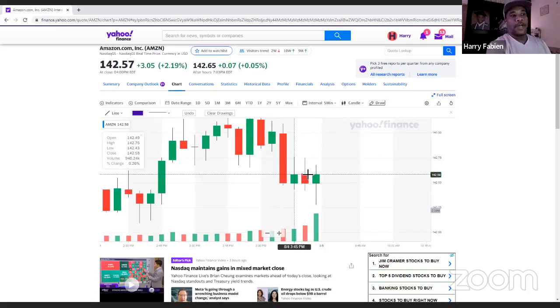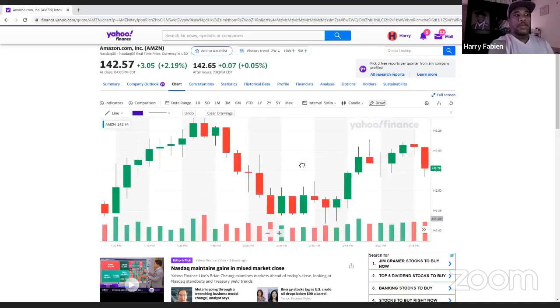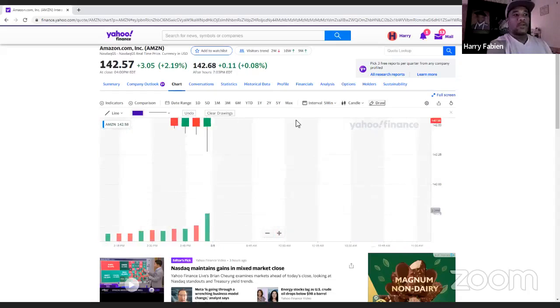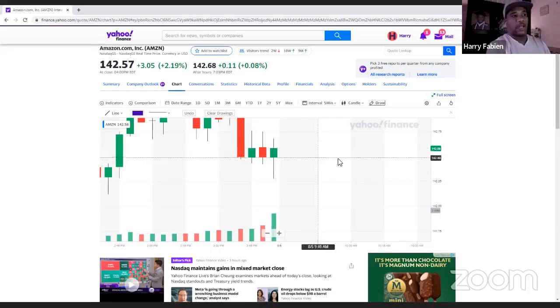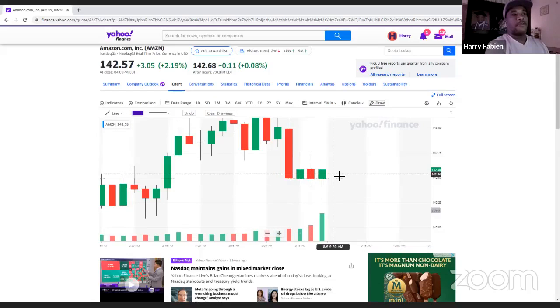In other words, all those candles for that day, from the time the market opened this morning at 9:30, up to the last 5 minutes before the stock closed at 4:30. So each of these represents 5, 5, 5, 5.